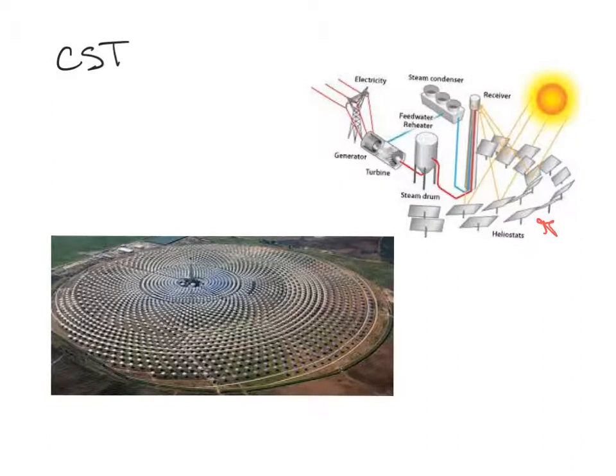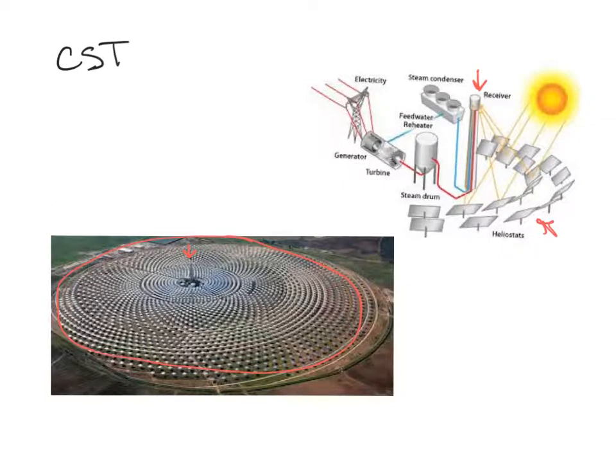And all of those lenses and mirrors and tracking systems focus the sunlight that falls on them over this large area into a small beam at this receiver. So it's tracking all of the sunlight that falls on all of these mirrors into one spot, this one receiver. So it's essentially like a giant magnifying glass.